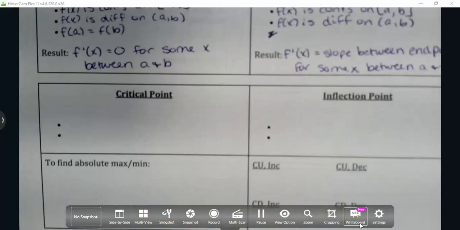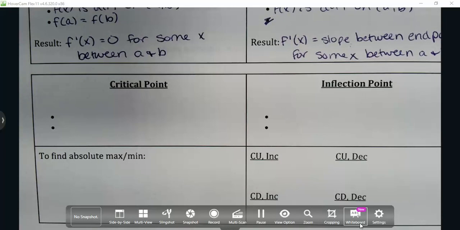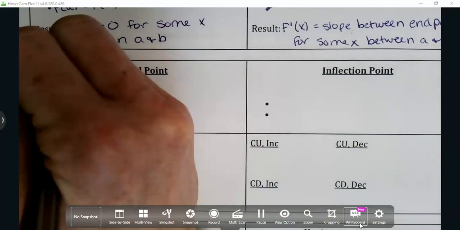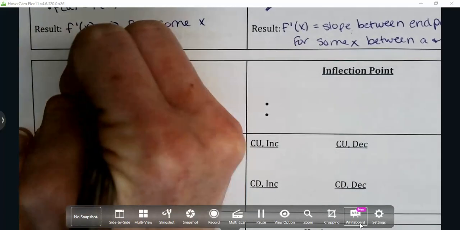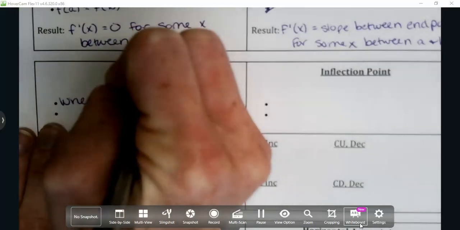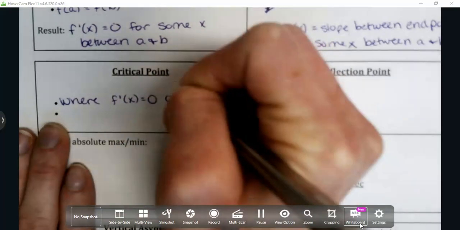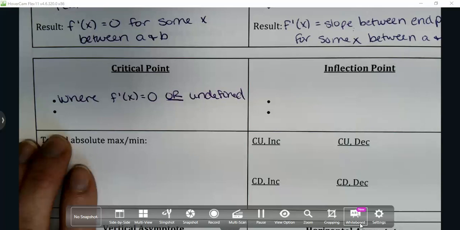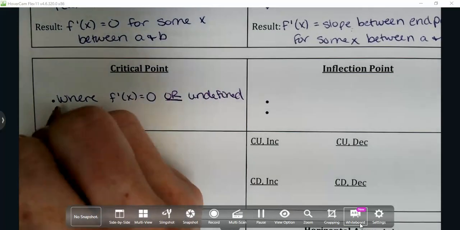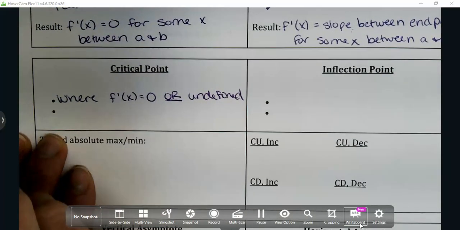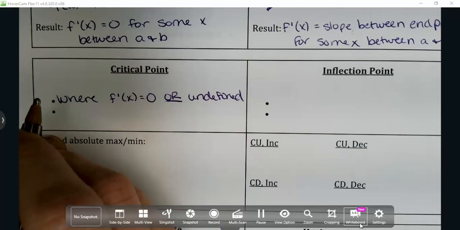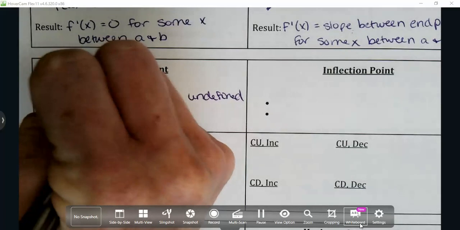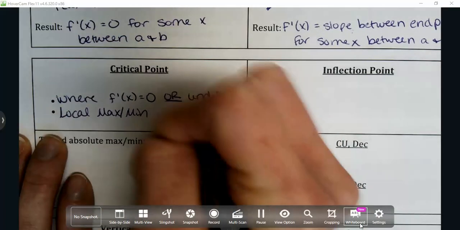All right. Critical points. How do we find critical points? Derivative. So it's where f prime of x is 0 or undefined. And what occurs at those points? Look, max and min happen here.